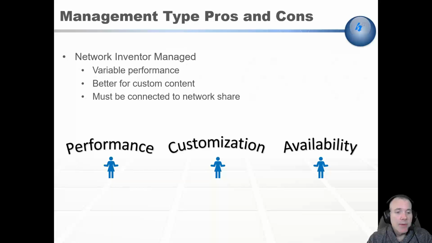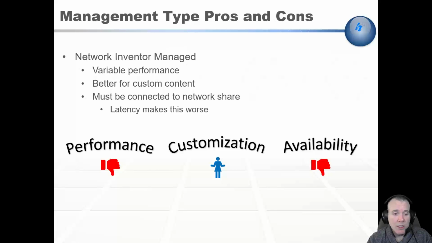And again, availability kind of falls into performance as well. If your server goes down, you can't get to it. It may not be a big deal because maybe your other Inventor files were there too. So maybe you'd be down entirely. But latency makes both availability and especially performance much worse because you're connecting across a Windows file share to get this information.